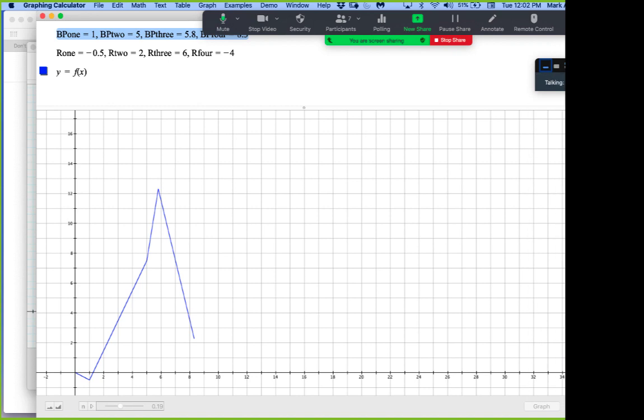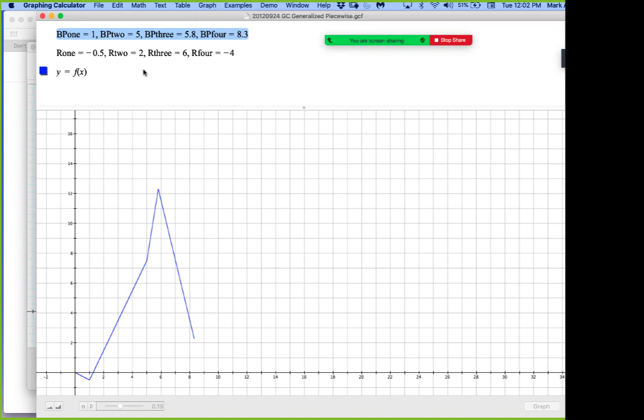Here's my completed file, and I have the breakpoints and the rates set differently than the two examples on the sheets. The important thing about the sheet is that I'm not asking you to create those two graphs that I showed you on the sheet.